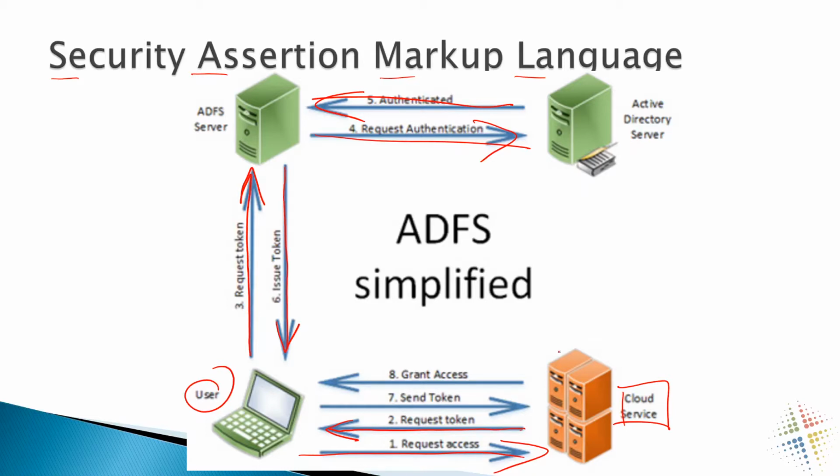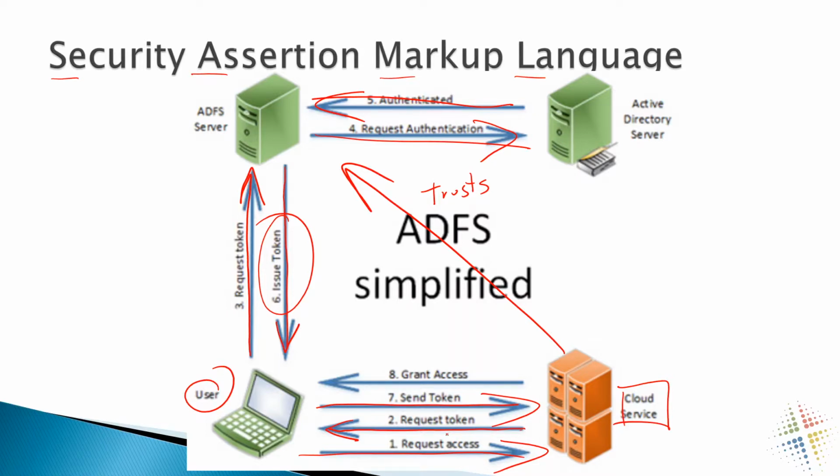Now, this cloud service already trusts your ADFS server. Your cloud service has been told, trust everything from this ADFS server. If I tell you that this is the Pope, believe that it's the Pope. And there's absolutely no questions beyond that point. So when this token comes down from the ADFS server, I can then send that directly to the cloud service.